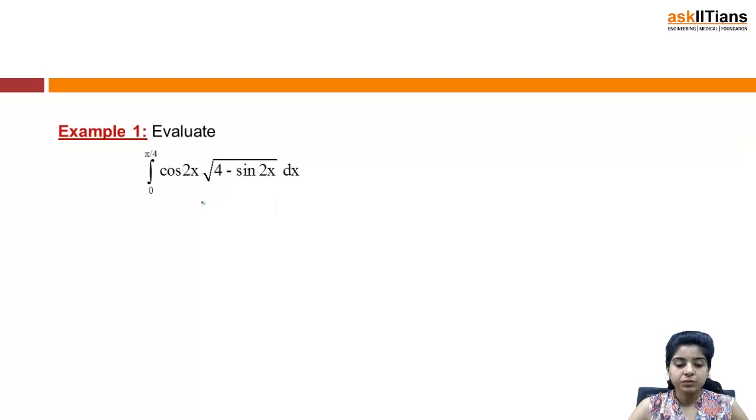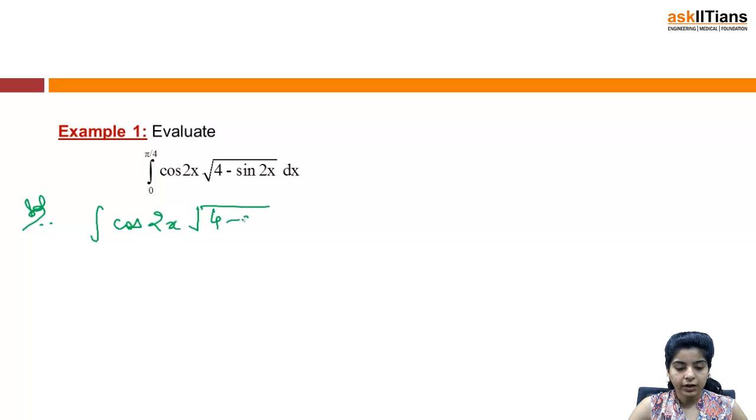Let's discuss one question based on these properties or these important concepts. Evaluate the integral from 0 to pi by 4 of cos 2x times the square root of (4 minus sin 2x) dx. So how do you calculate this? Let me first take the integral and then we'll substitute the limits.